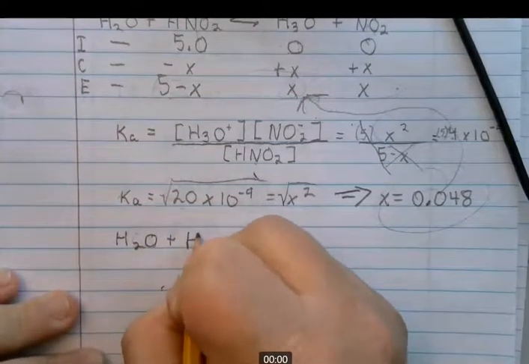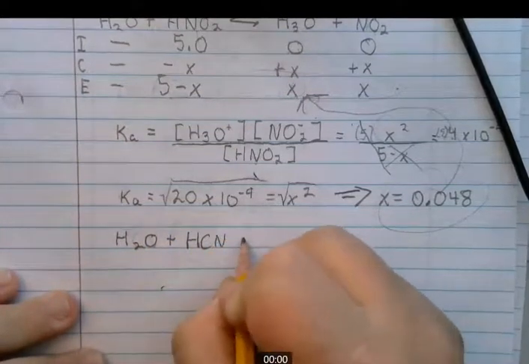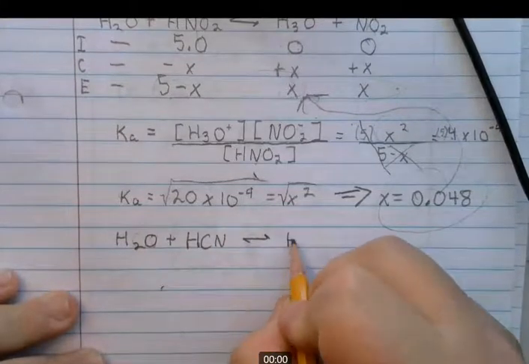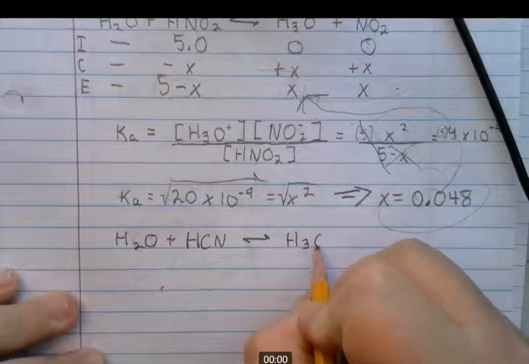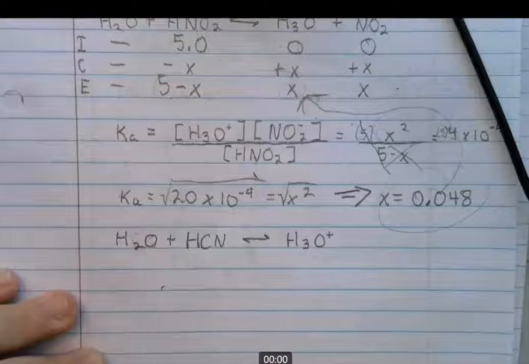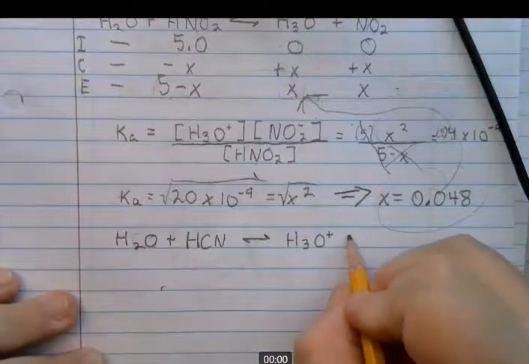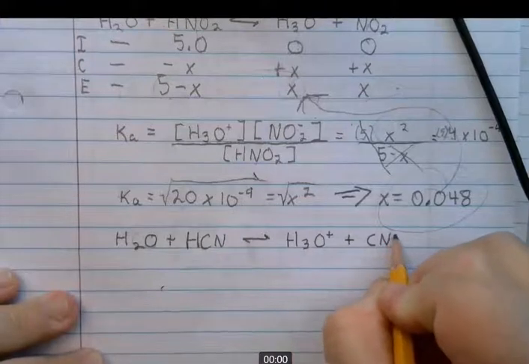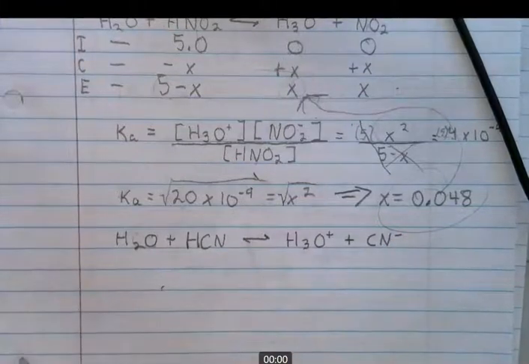H2O plus HCN will give you, it's reversible, so I give it a double arrow, H3O plus. Now this is what we're interested in ultimately to find pH, the hydronium concentration, the H plus concentration, plus CN minus. So it's not really hard to write these reactions. They're about as easy a reaction as you can write.